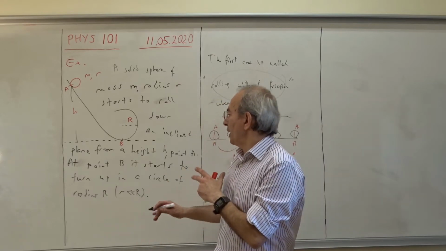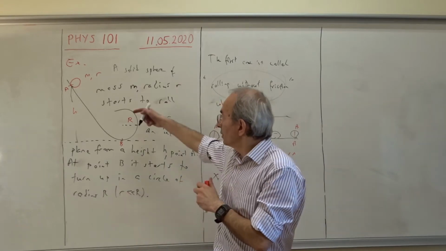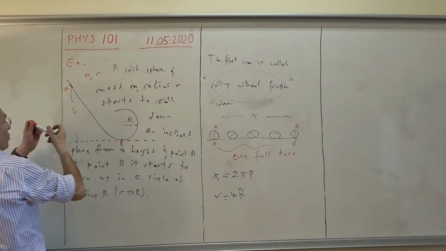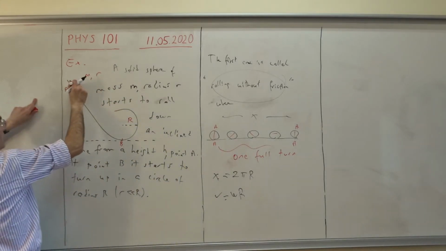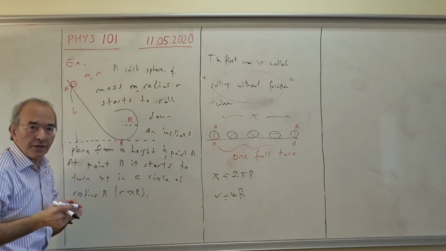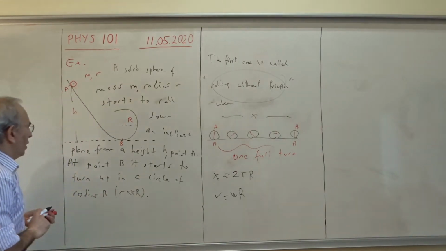Okay, this is the idea. Let me draw it in a smaller way. So this object has a radius r, that r is much less than the radius of the road.